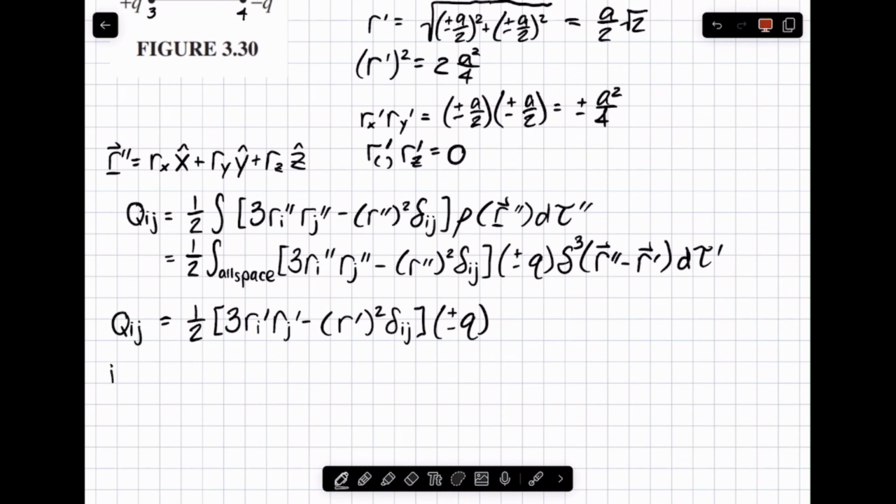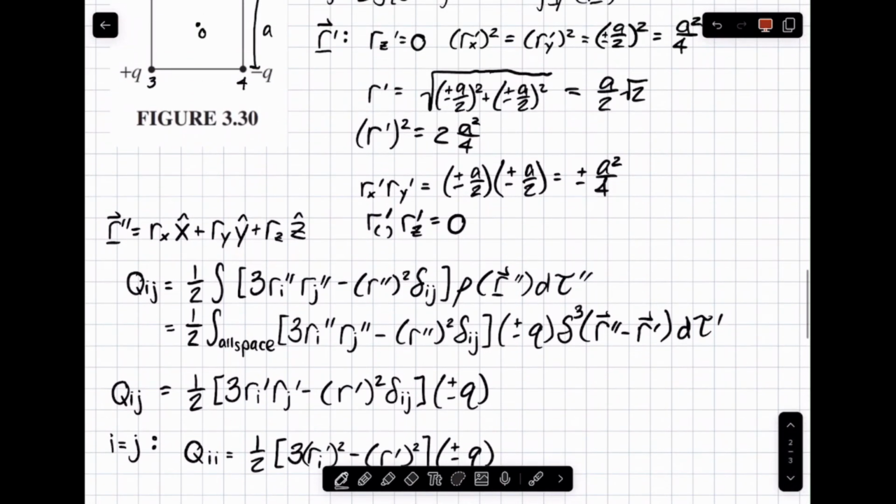So I'm first going to evaluate the terms in which i equals j. So this will be our xx terms, our yy terms, and our zz terms. And I can rewrite this equation like such. Notice the Kronecker delta has turned to a 1 here because i is equal to j.